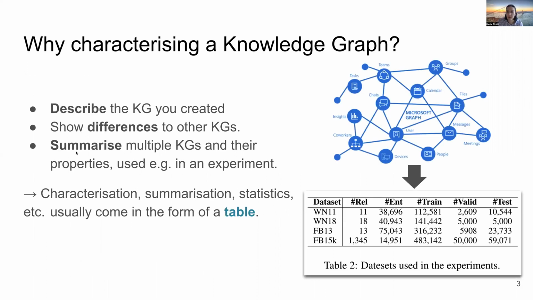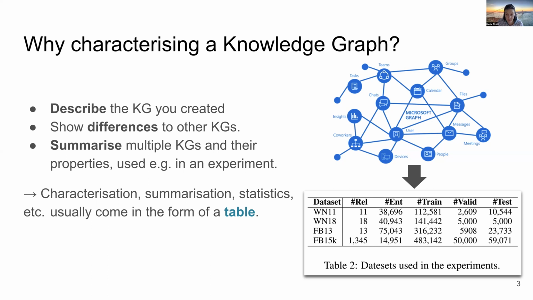Just to start with a bit of motivation, why do you need to characterize knowledge graphs? Most of the time, these measures and these techniques allow you to characterize, to describe the knowledge graph that you have created. It allows you to show differences to other knowledge graphs that exist, and mostly summarizing multiple knowledge graphs and their properties, for example, when you use them in a given experiment.